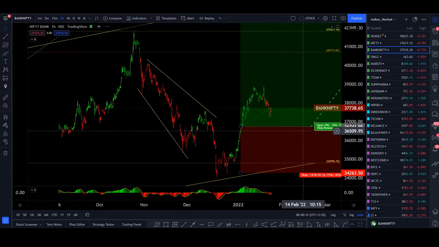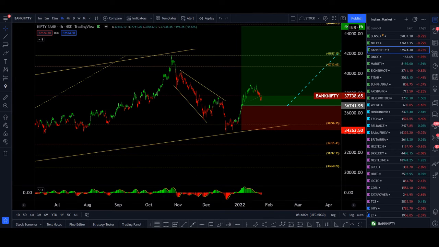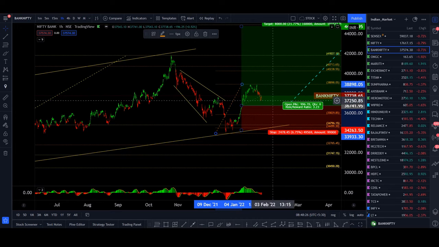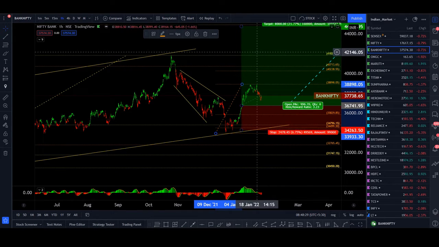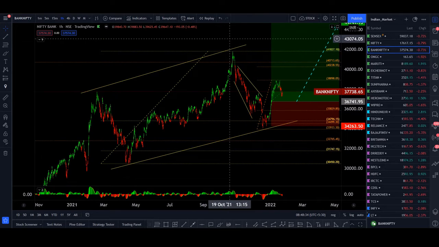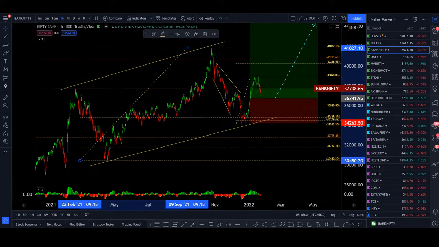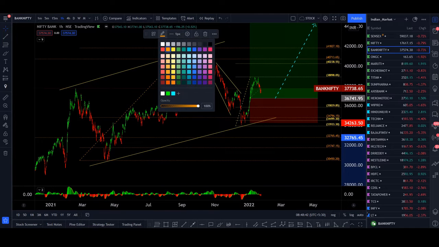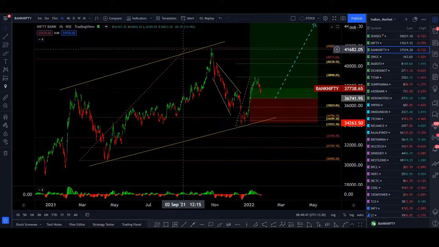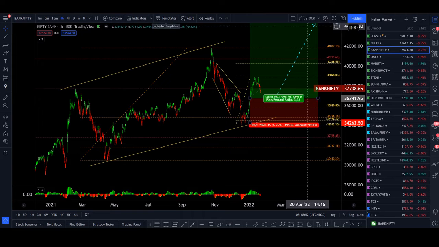Here we had an impulse, and there is a correction happening right now, same as the other two indexes. Still there is no action on this, so we are going to wait for this trade to see how it goes. Let me change the color coding for different time frames so that you can clearly see. I generally keep red for higher time frames like weekly, orange for daily, and yellow for the 1 hour time frame.